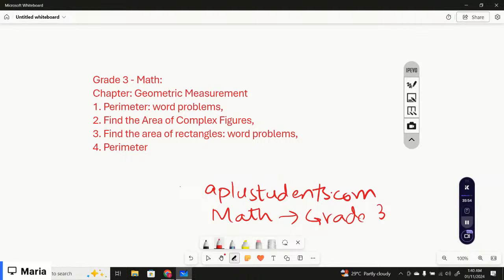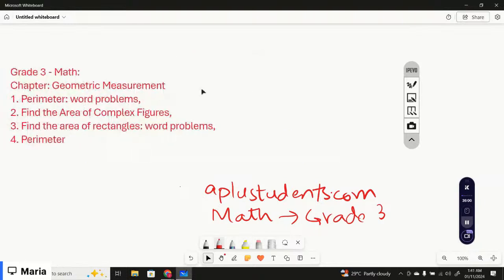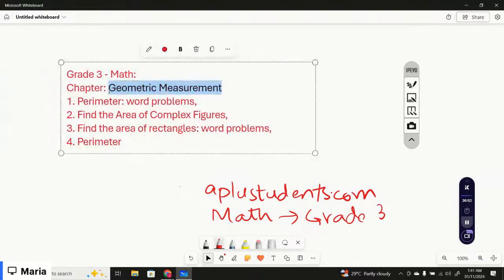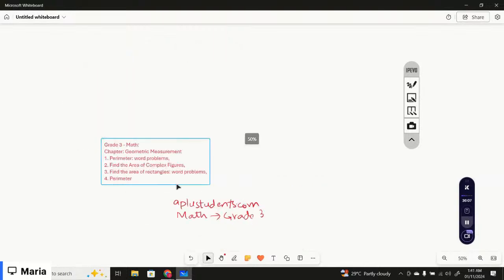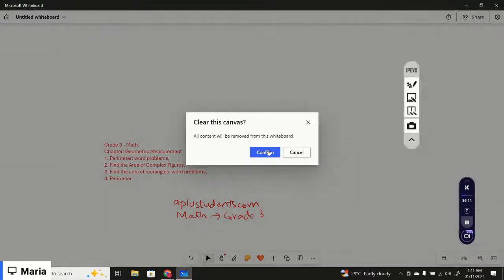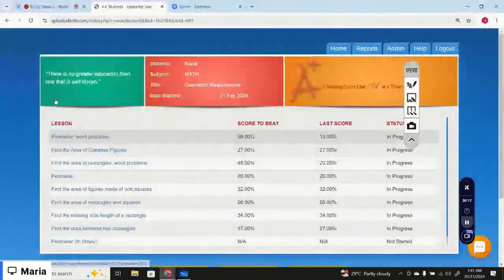If you need more help with any of the lessons, you can simply click on the live chat button. Tutors are available there to help you. Or you can write down the questions in the chat box. I'm here to answer all your questions and confusions if you have any. Let me just try to edit the lesson name. If you have any questions, please write them down in the chat box.